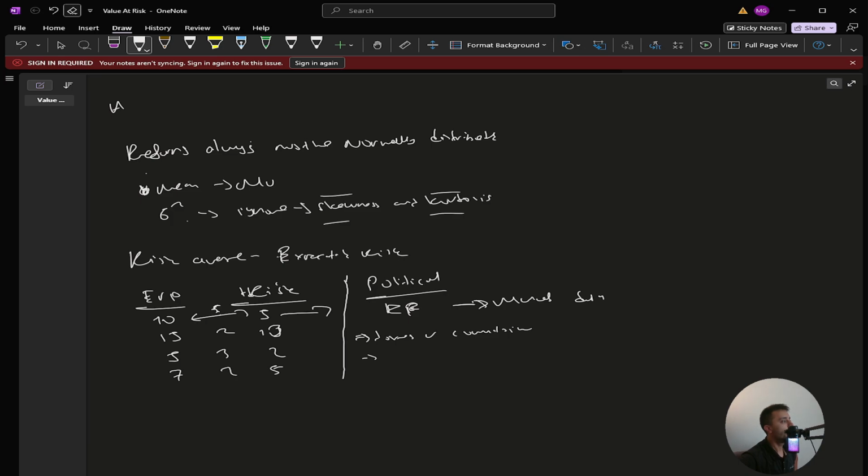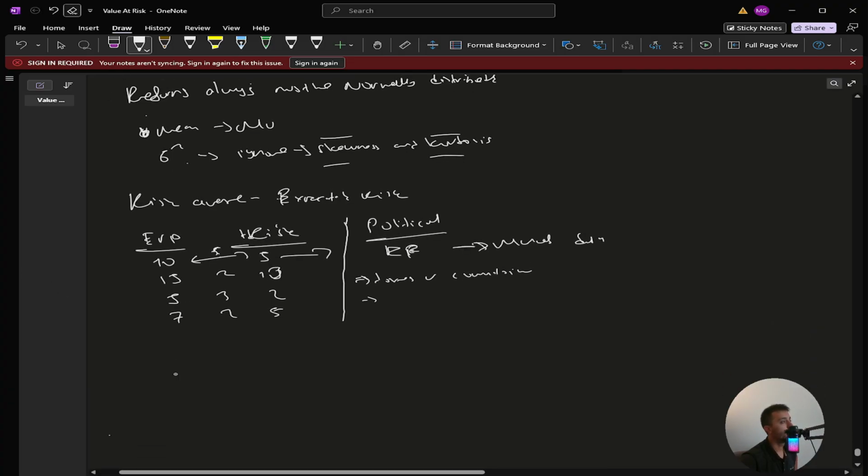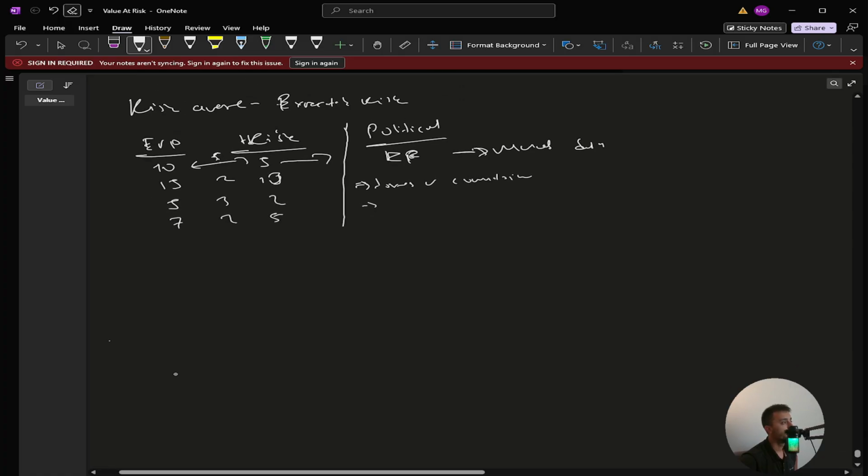According to modern portfolio theory, investors are risk averse and they seek to minimize the risk of their portfolio.